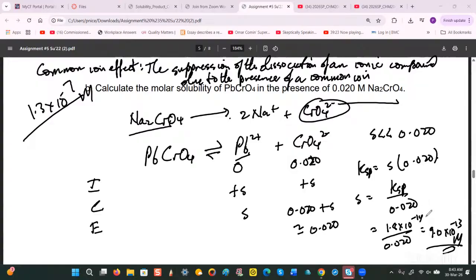So the presence of the chromate ion reduces the solubility of the lead 2 chromate. And we can explain that using Le Chatelier's principle. Basically, what Le Chatelier's principle would predict is that because of the high concentration of chromate, it will push the equilibrium to the left and thereby reduce the solubility of the lead 2 chromate. All right? Okay. Any questions about that one? Any questions?